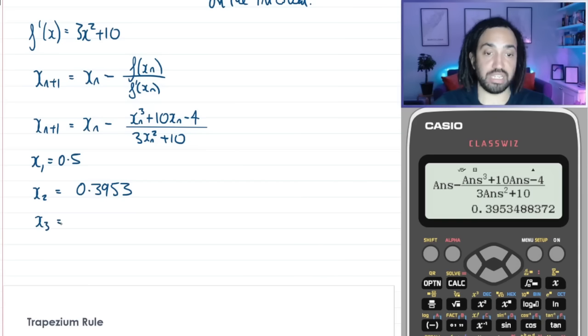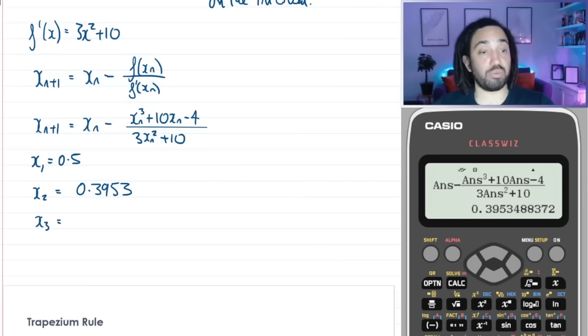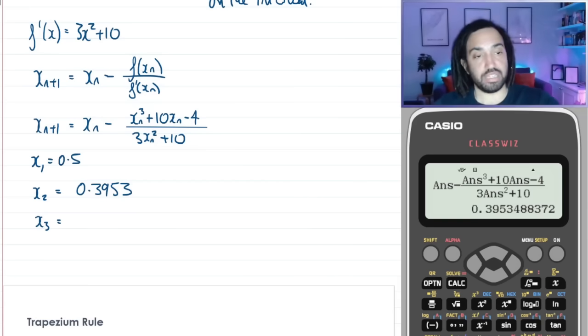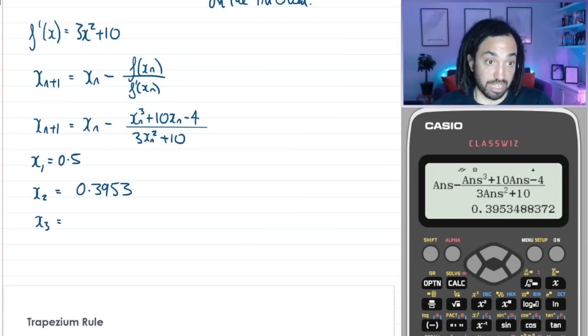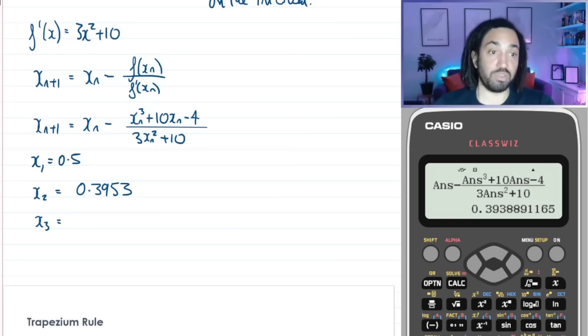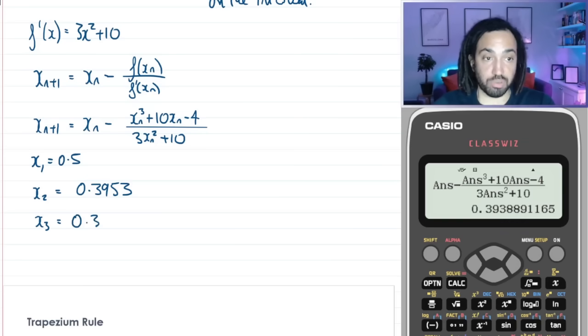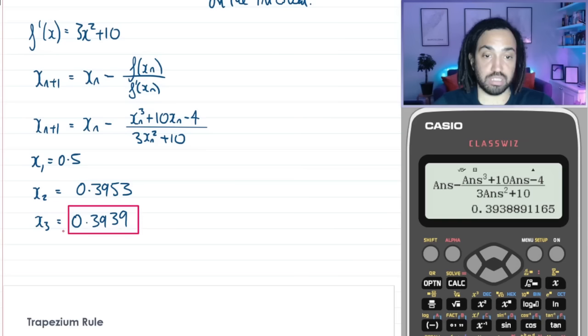And then x3 is just simply the next one along, and if we just press equals again, then it will use the answer right there, the 0.3953, in the formula that we want, and we get 0.3939, and that will be our final answer. Perfect.